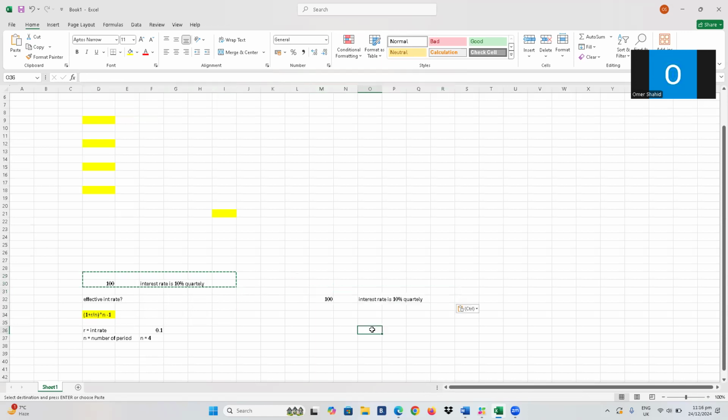So what if we calculate quarterly? Instead of just using this formula, what if we calculate the amount after 1 year quarterly? We can do that as well. Let me show you.